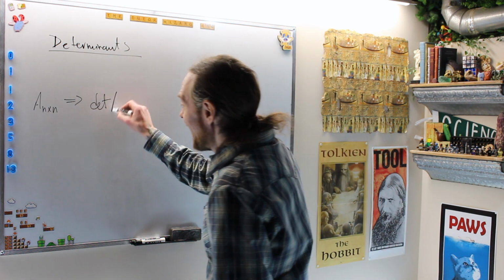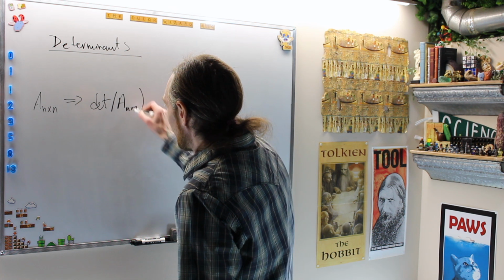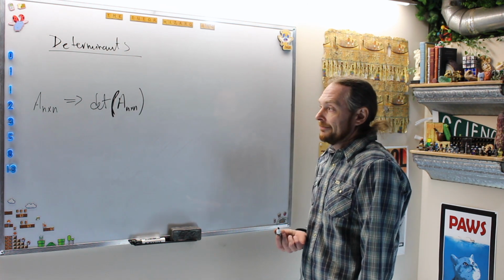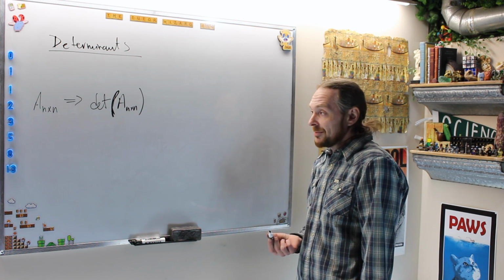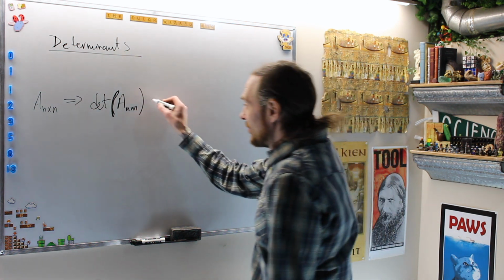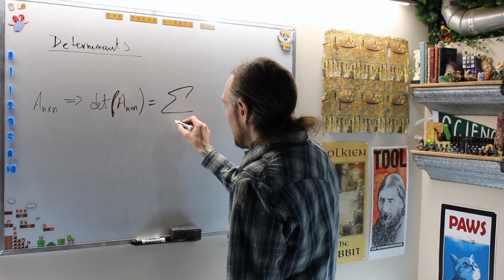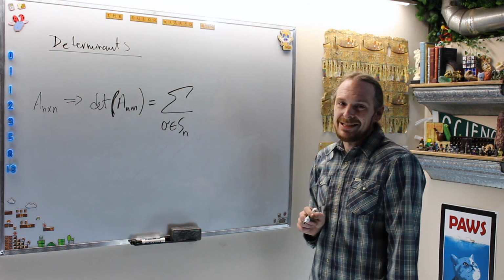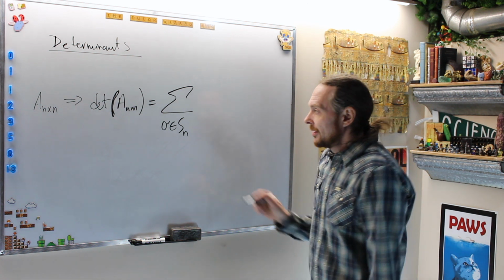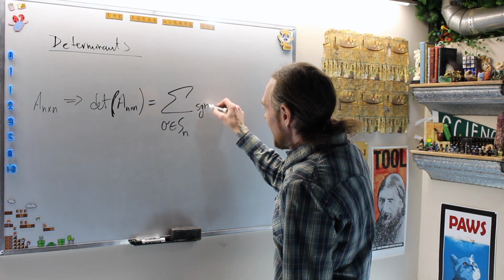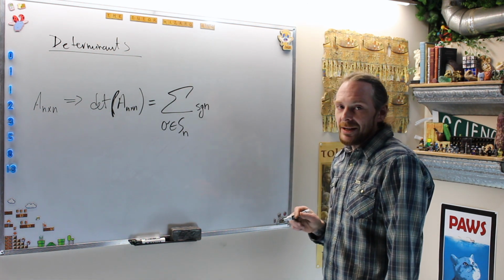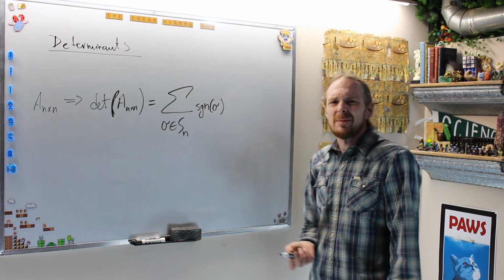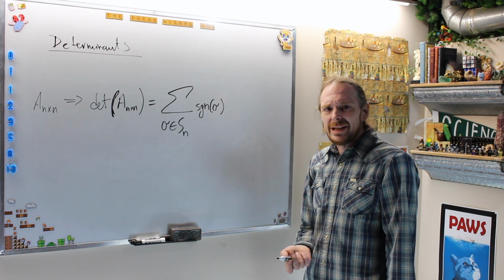The determinant of A, n by n, first shown by Cauchy, is equal to the sum over all permutations in the permutation group Sn, which has n factorial permutations, of the sign (not sine trigonometry, another one), plus or minus 1, of the permutation, depending on whether it has an odd number of transpositions or an even number.